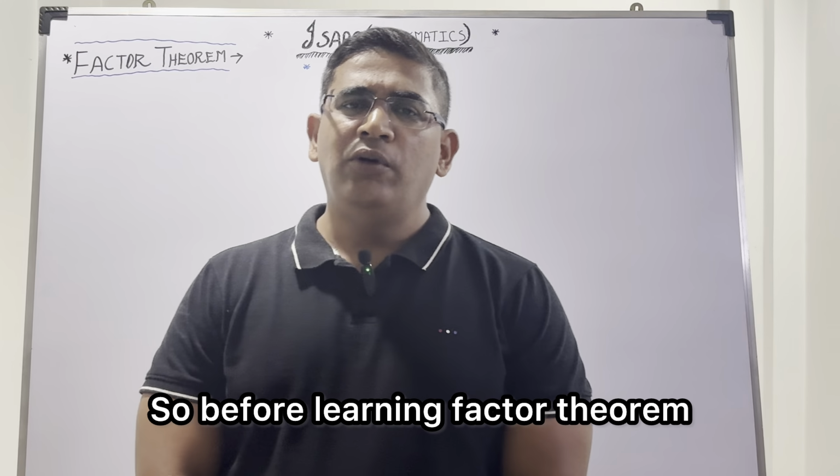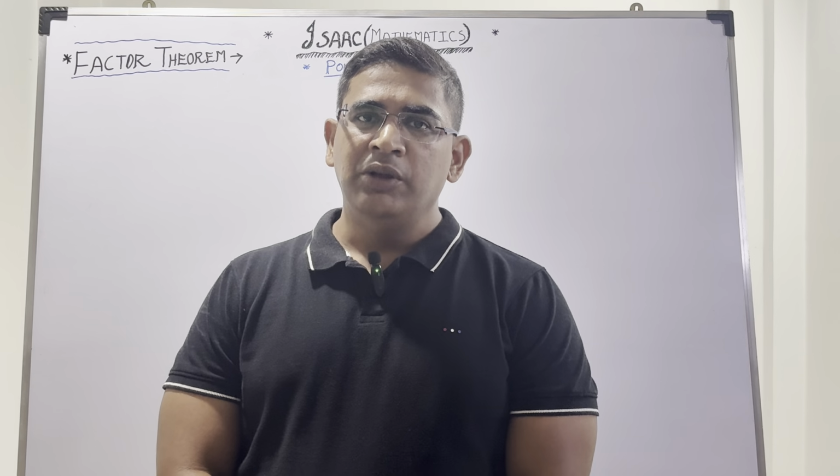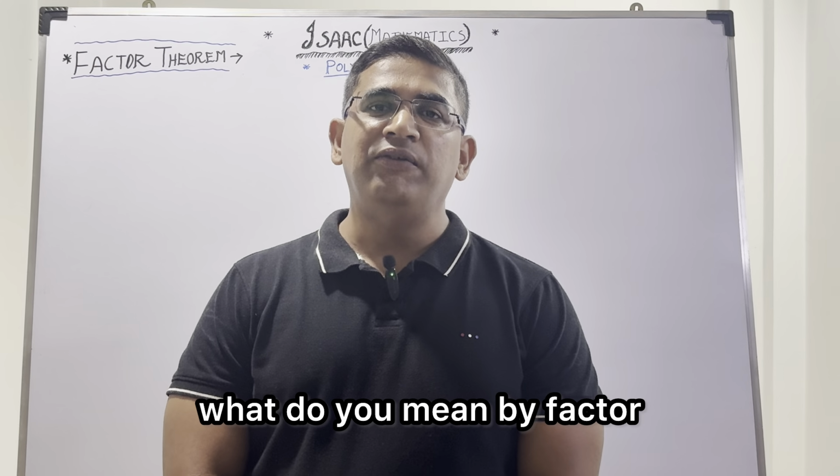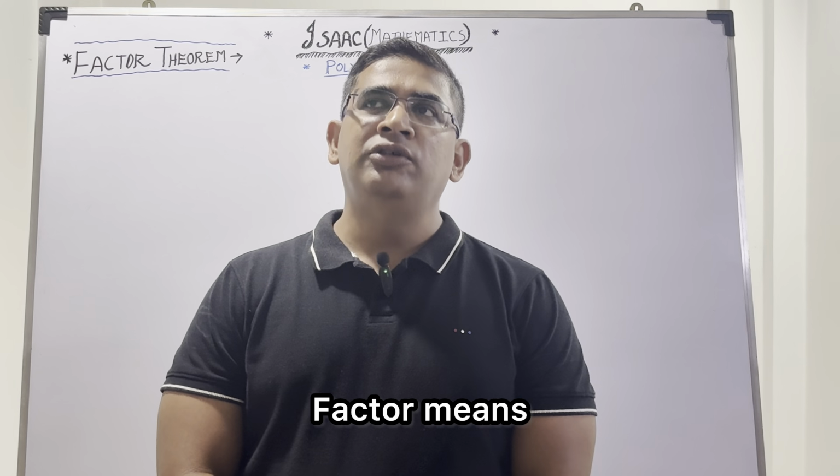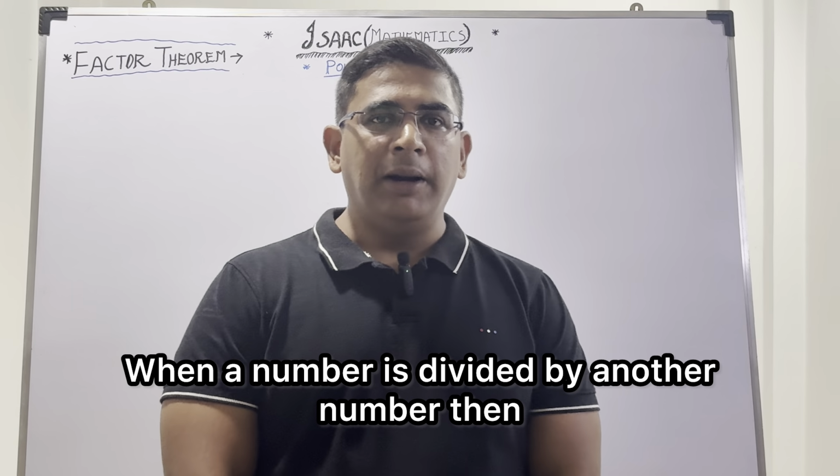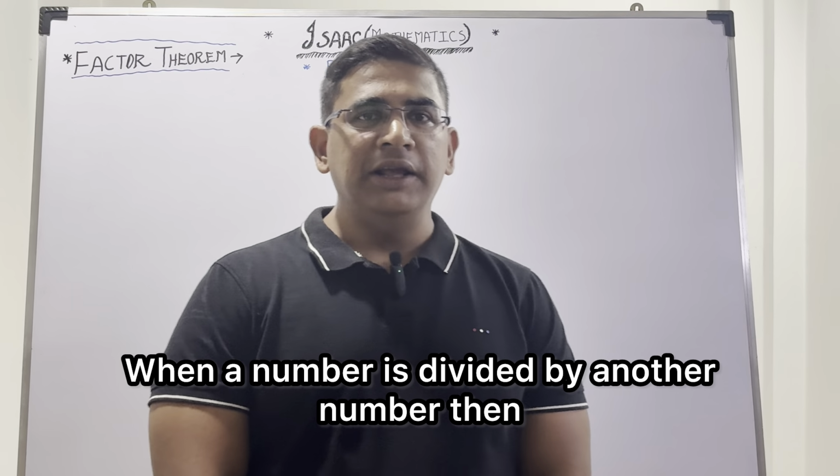Okay, so before learning factor theorem we have to learn what we mean by factor. Factor means when a number is divided by another number, then if the remainder becomes 0, we can say the first number is the factor of the second number.